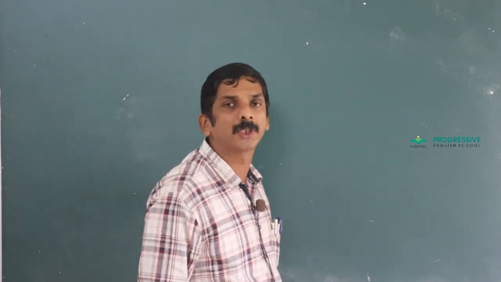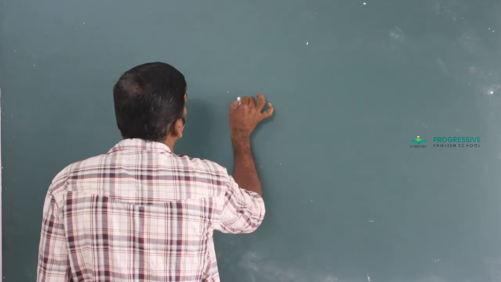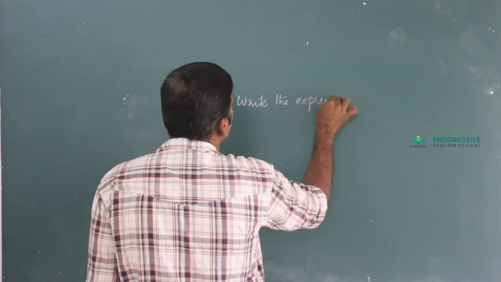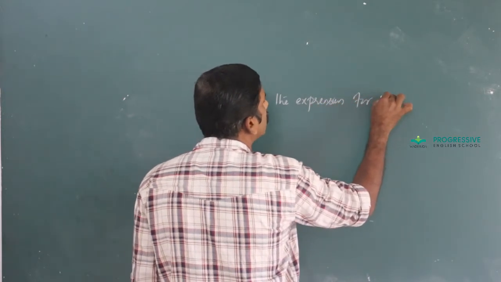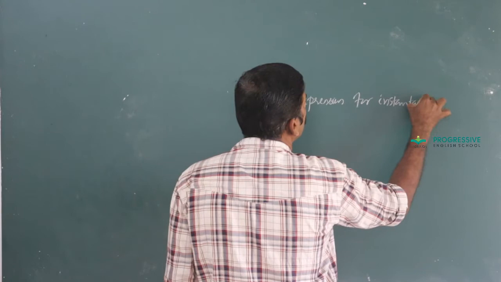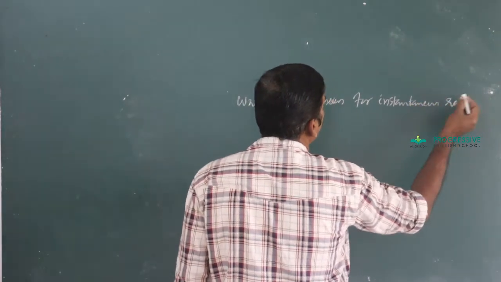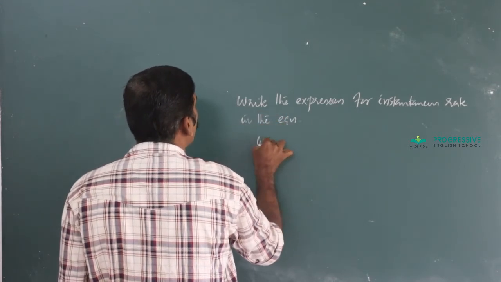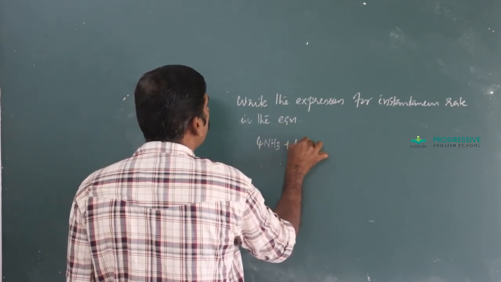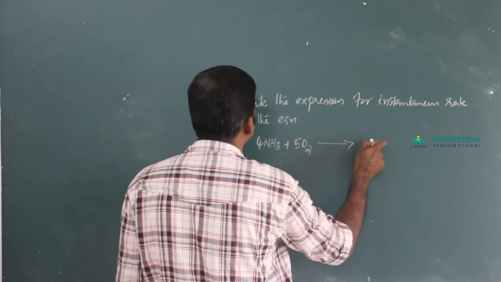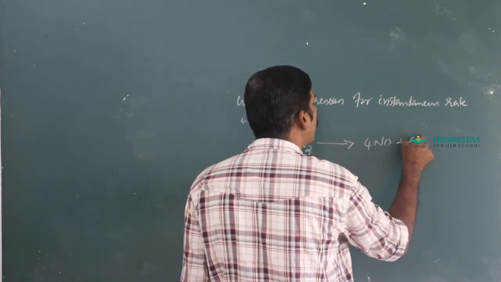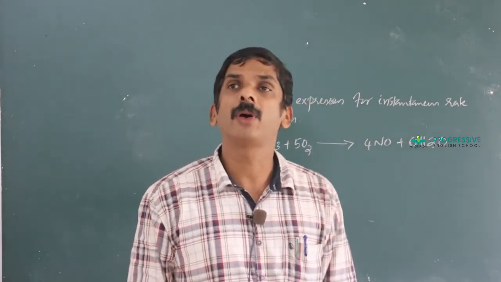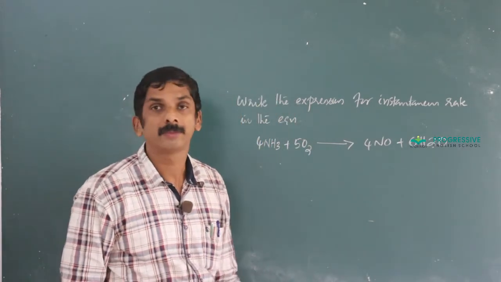You just write the expression for instantaneous rate in the equation 4NH3 plus 5O2 gives 4NO plus 6H2O. Write the expression for instantaneous rate.